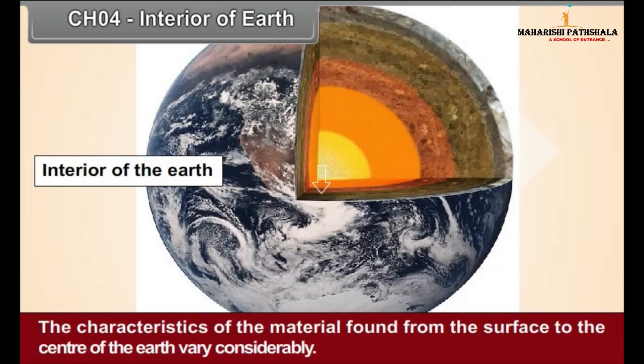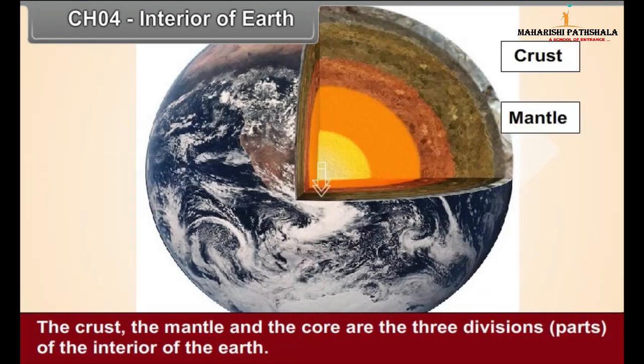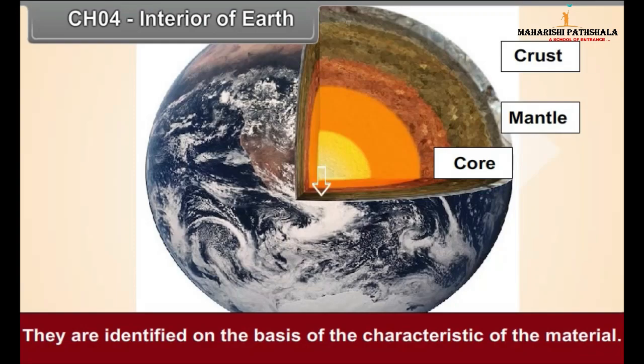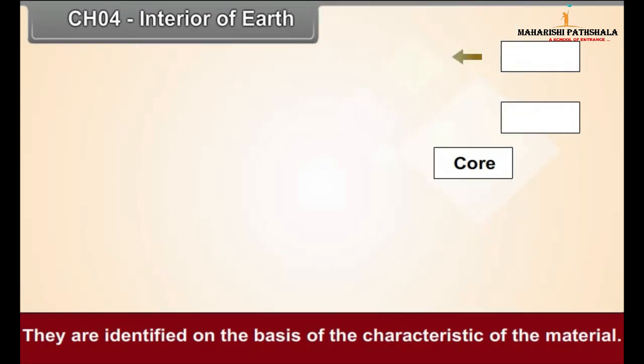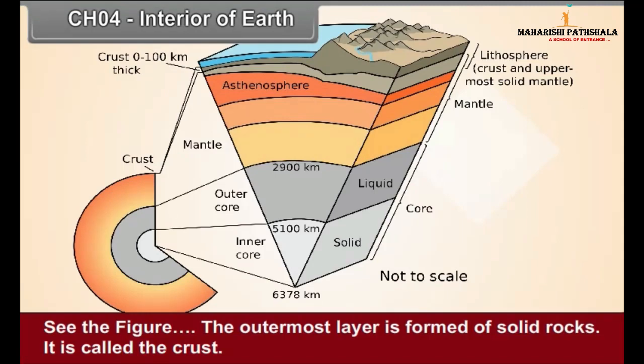The characteristics of the materials found from the surface to the center of the Earth vary considerably. The crust, the mantle, and the core are the three division parts of the interior of the Earth. They are identified on the basis of the characteristics of the materials. See Figure 4.1.